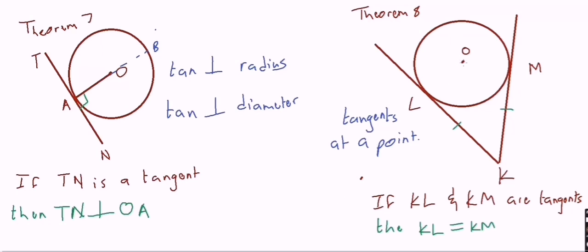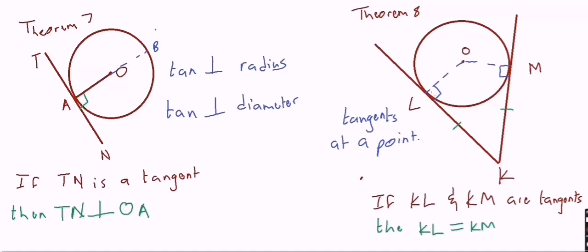So if in fact I extended, or I drew a radius here, and another radius there, then we know that this could have been a 90 degrees there, right? And somebody can even ask us to prove that OLKM is a cyclic quad.